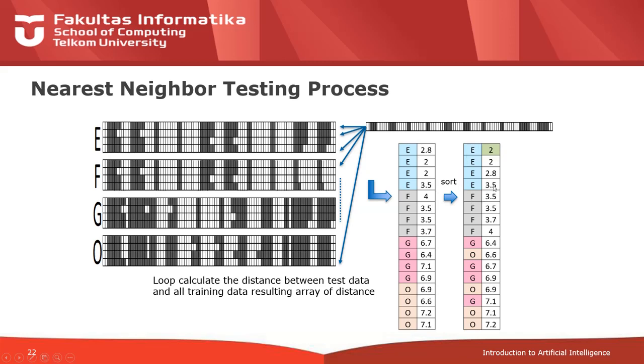Based on what you see here, nearest neighbor is pretty good for classifying, because the classes with the smallest distances are actually E. If we pick the closest training data, the one with the smallest distance, that means this training data is E. So the program can give the result that this unknown data has a class of E. That's how nearest neighbor works.